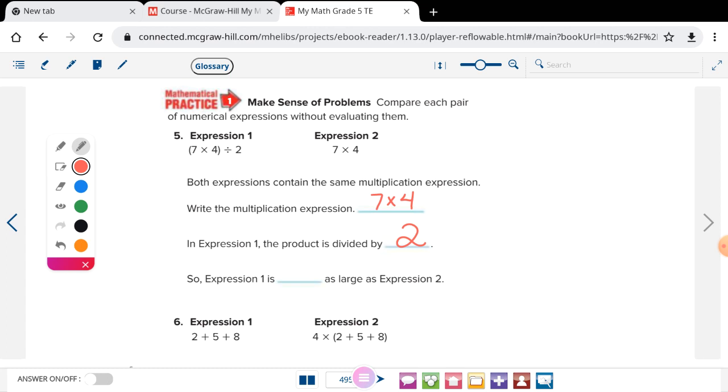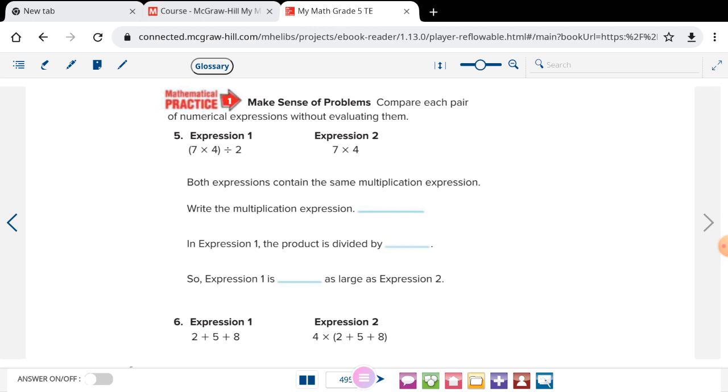It is half as large as expression 2. If you divided it into 3 equal parts, it would be 1/3 as large. Why does that sound funny? Because it's a fraction. Yeah, saying it's half as large sounds a little bit weird, but it means the exact same thing.